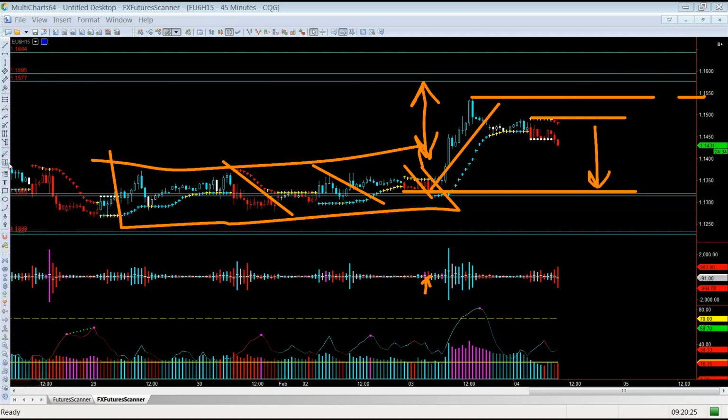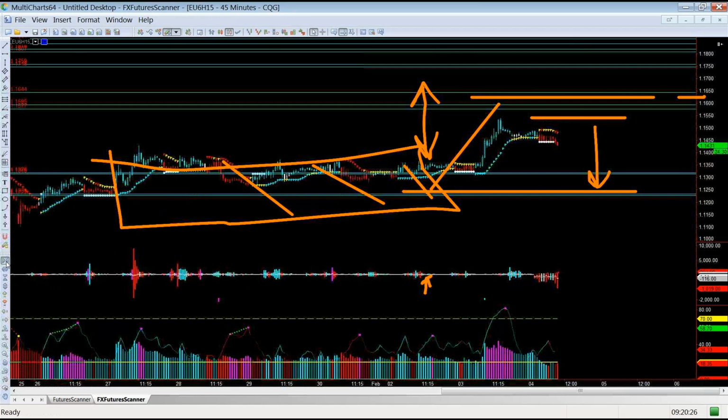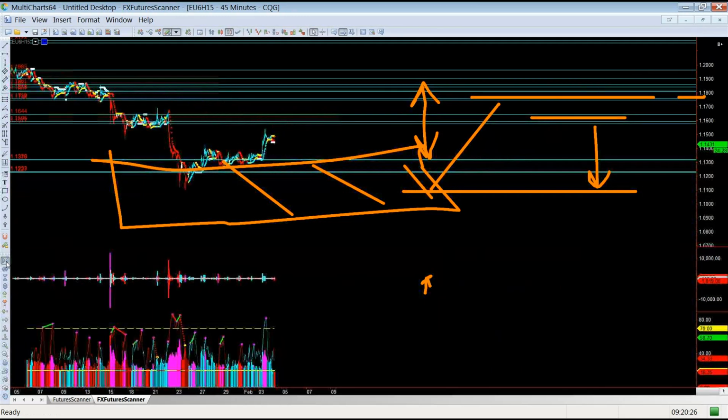See if I can get it to zoom in. Oop, maybe too much.